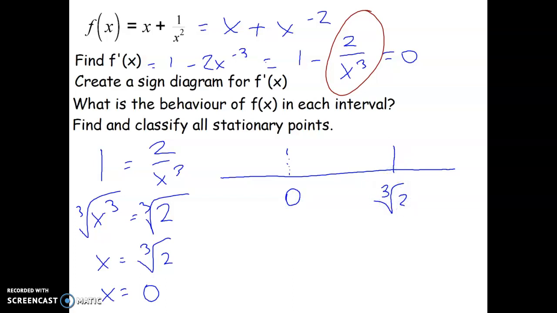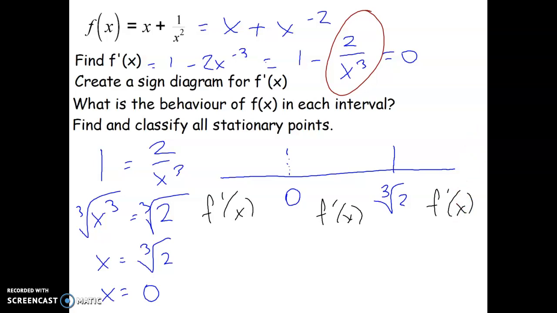So there's the beginnings of my sign chart, and just like last time, my goal is to figure out what the value of the derivative is, at least whether it's positive or negative, in each of these 3 intervals. Okay, so let's pick a number less than 0. Let's try negative 1.